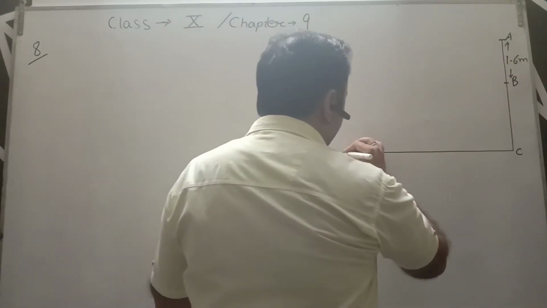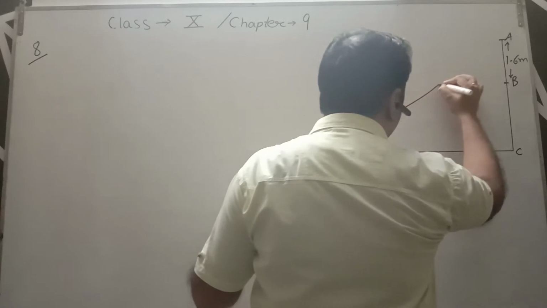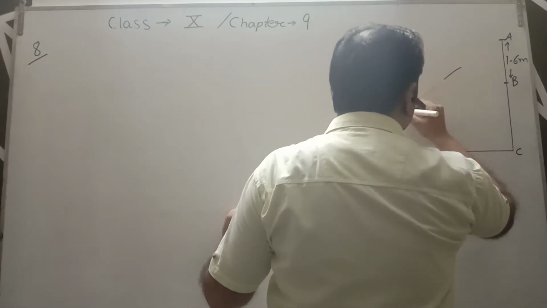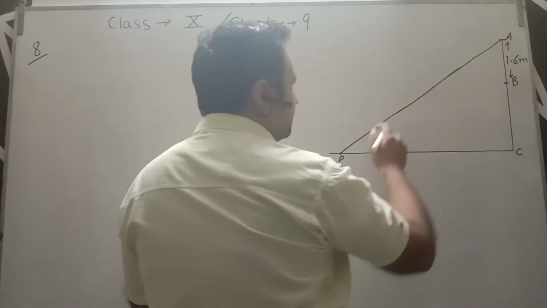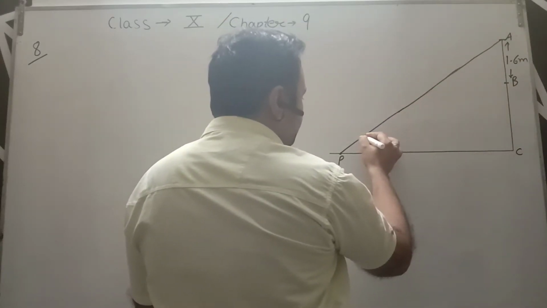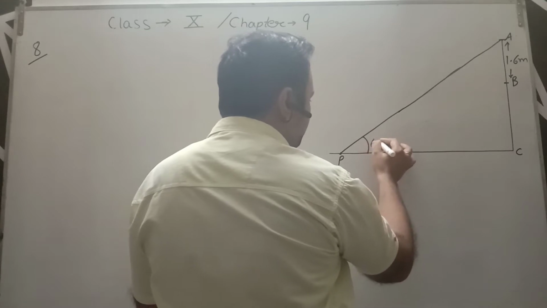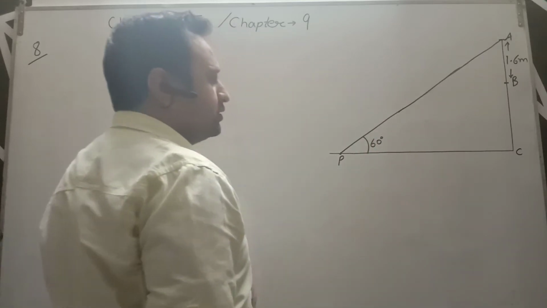So we join P to A, and it is a line of sight and the angle of elevation is 60 degree.